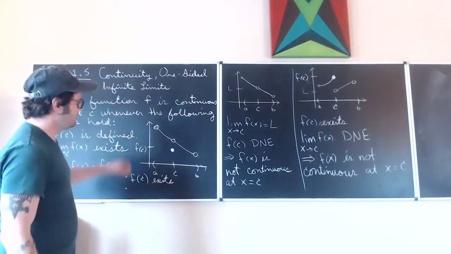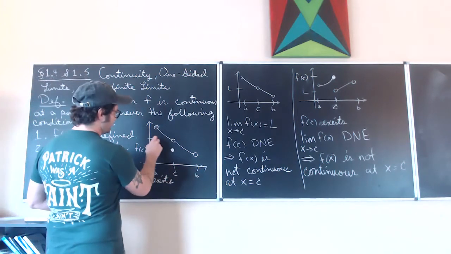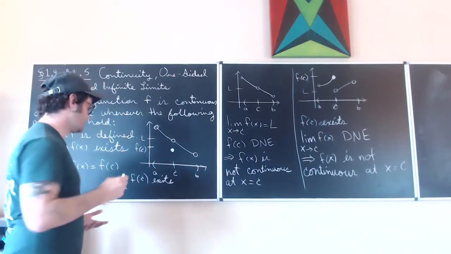And then also the limit as x approaches C from the left and right is going to be whatever this value is. We see that that limit does exist as well.